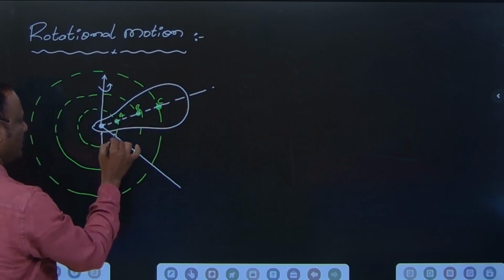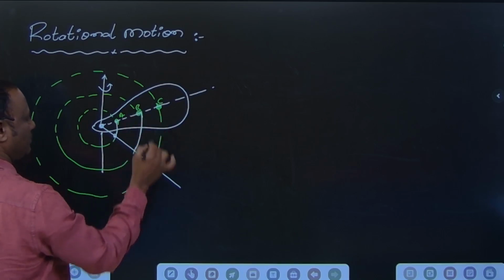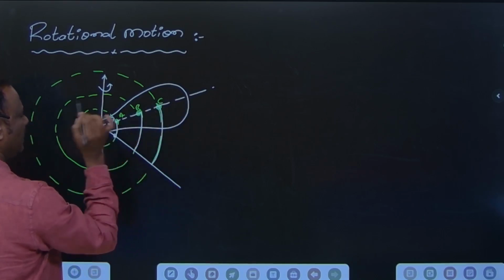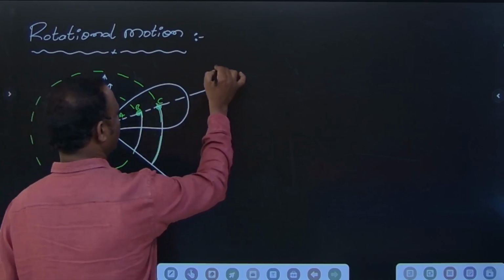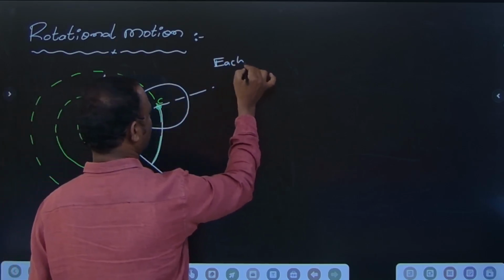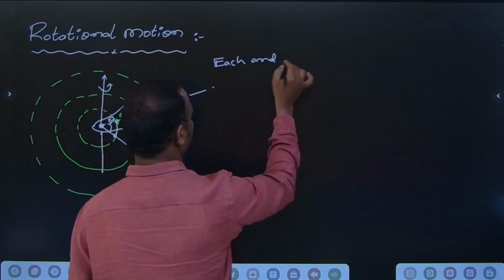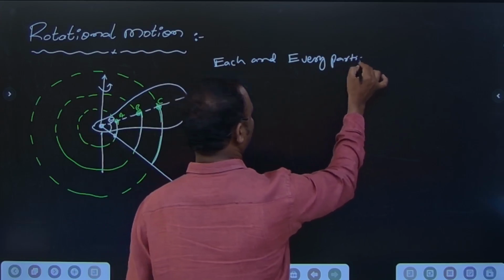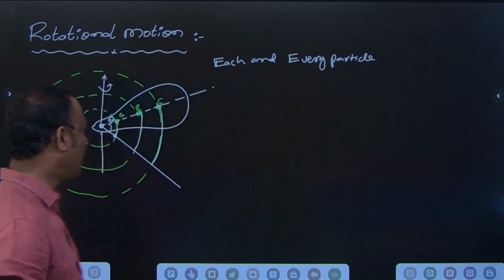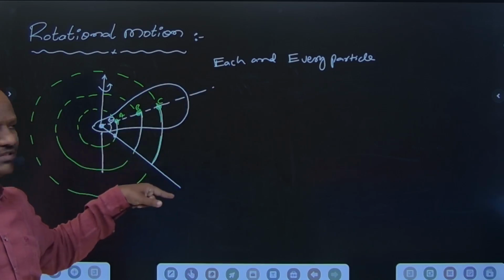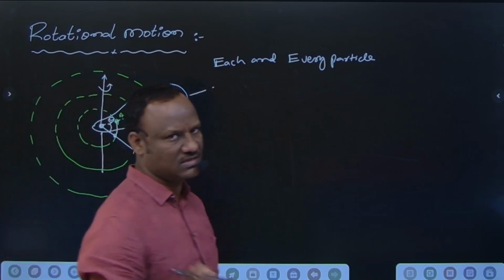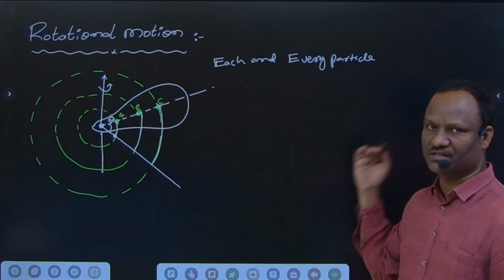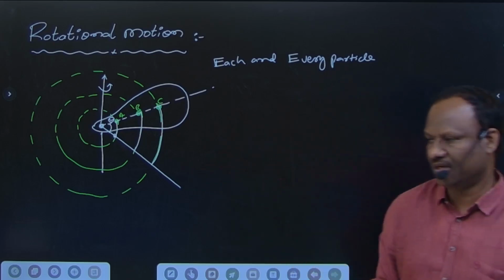A moves from here to here, B moves from here to here, C moves from here to here, so they maintain equal angles. Each and every particle has equal angular displacements in equal intervals of time. In translational motion, it is equal linear displacements in equal intervals of time.